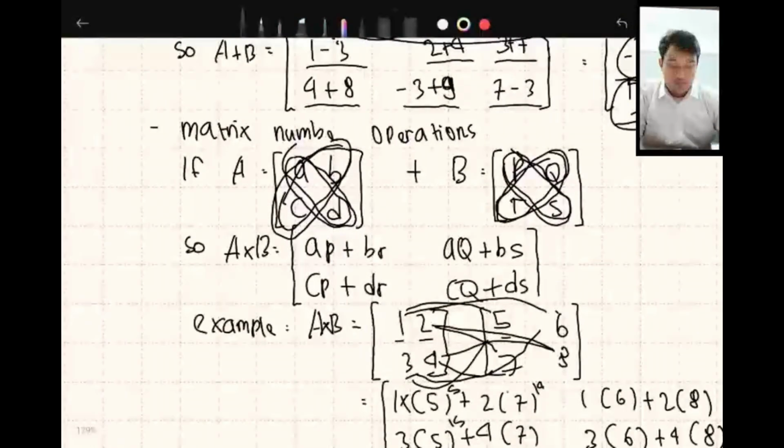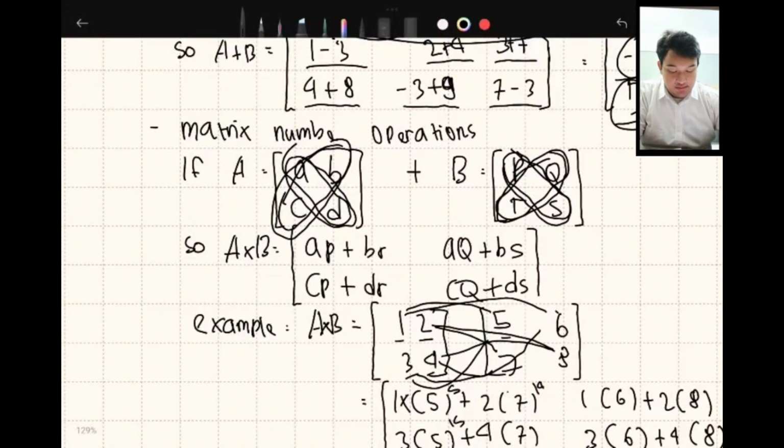After the matrix addition, namely the operation of matrix multiplication. The way to calculate it is that we multiply first, and after that we add. For example like this.